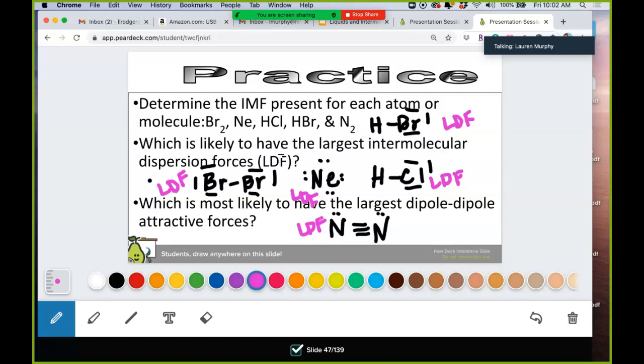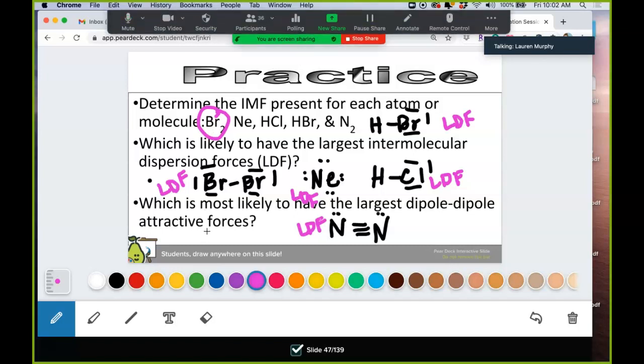Well, greater dispersion forces are determined by heavier molecules because they're more polarizable because they have more electrons. So that's going to be Br2. It's the heaviest of all of these substances. So because of that, it will have the strongest dispersion forces.